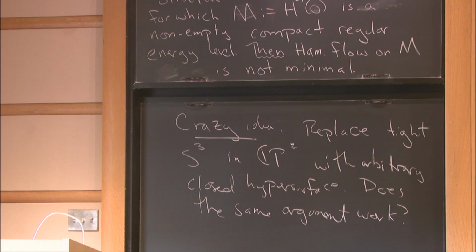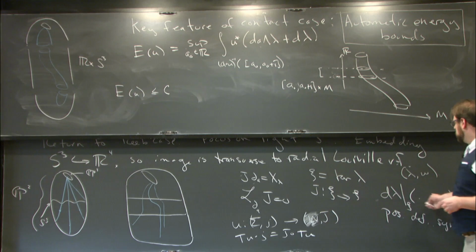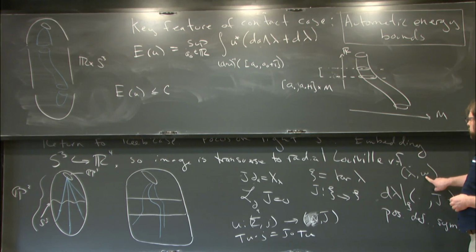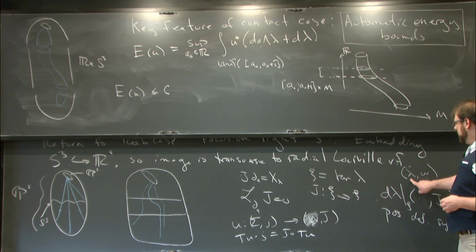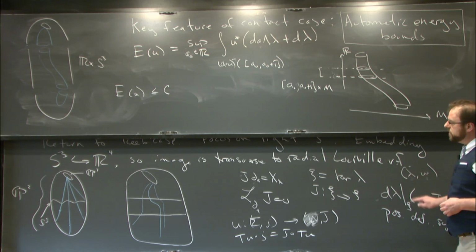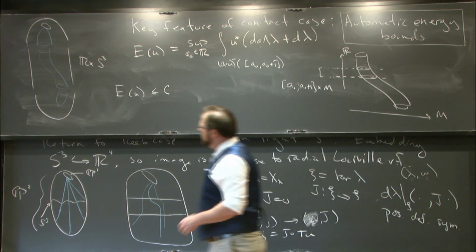We have to adapt slightly differently, because instead of having a contact form, you now have a stable framed Hamiltonian structure. So this is a closed 2-form on your hypersurface. It has a kernel, and this provides a framing on your kernel, which is a 1-form. This pair is the gadget that you get instead.